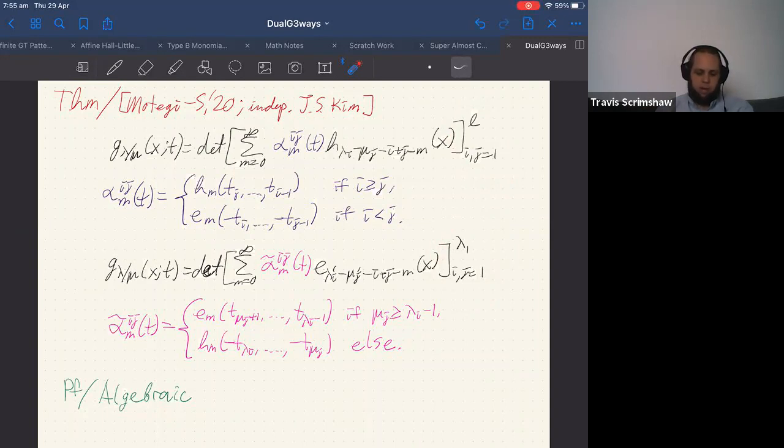Jung-Soo Kim independently also proved these by using plethistic methods, which is a kind of combinatorial, somewhat representation theoretic sort of manipulations in order to get these determinant formulas as well. But again, it's still kind of algebraic manipulations, not really a lattice model manipulation.